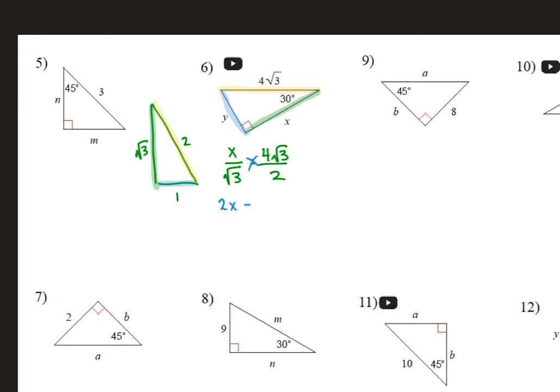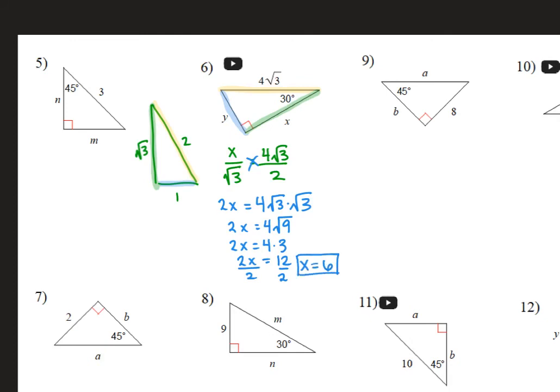So 2x equals 4 square root of 3 times the square root of 3. So I have 2x equals 4 times the square root of 9. But remember, square root of 9 is a perfect square. It's just 3. And 4 times 3 is 12. So then I can divide both sides by 2. So x equals 6.